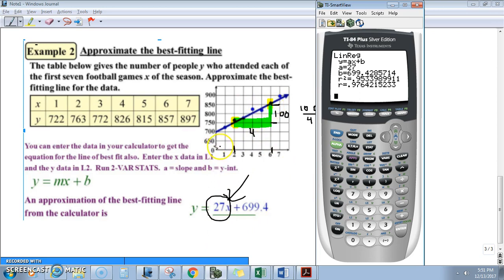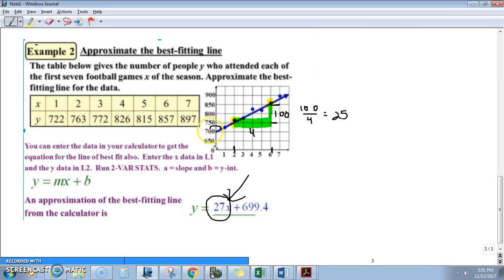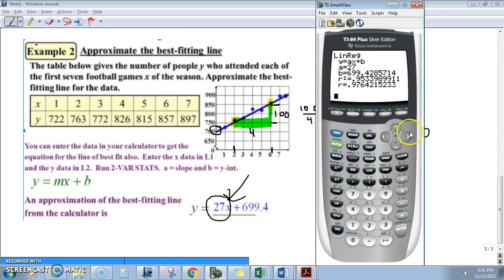You could have done what I did at the top where I got 25, and then I could look right here. Obviously, I can see I would have said 700. If I had drawn it just like this, I would have said my line is approximately 25x plus 700. Okay, but let's go back to our calculator.